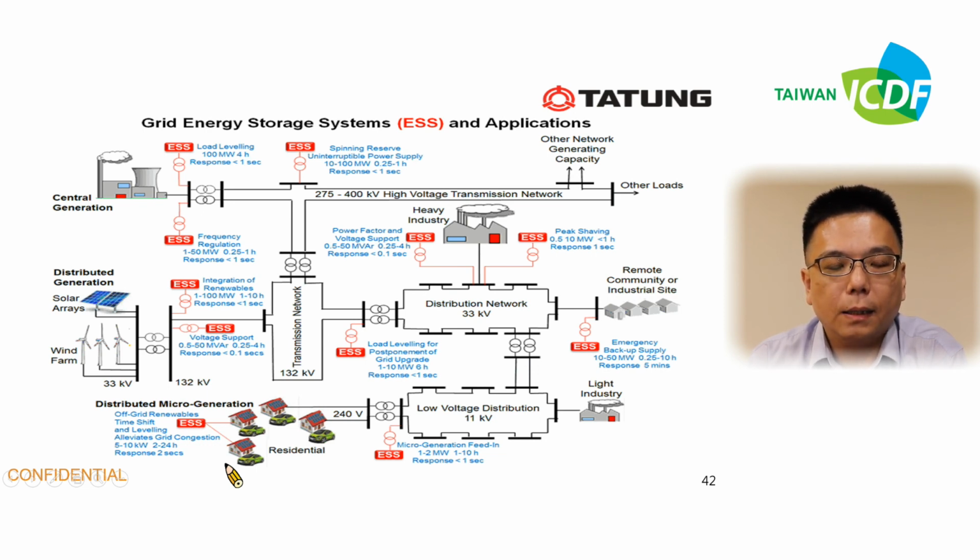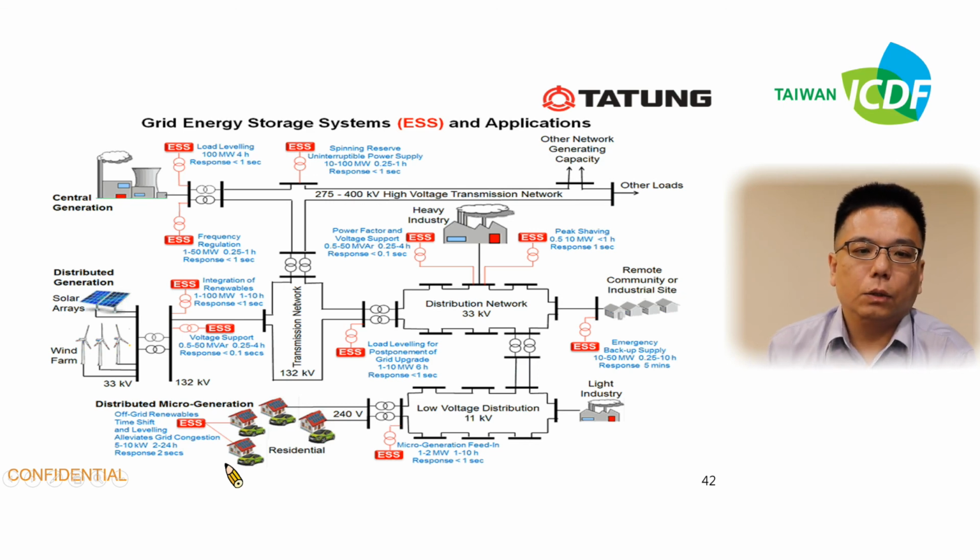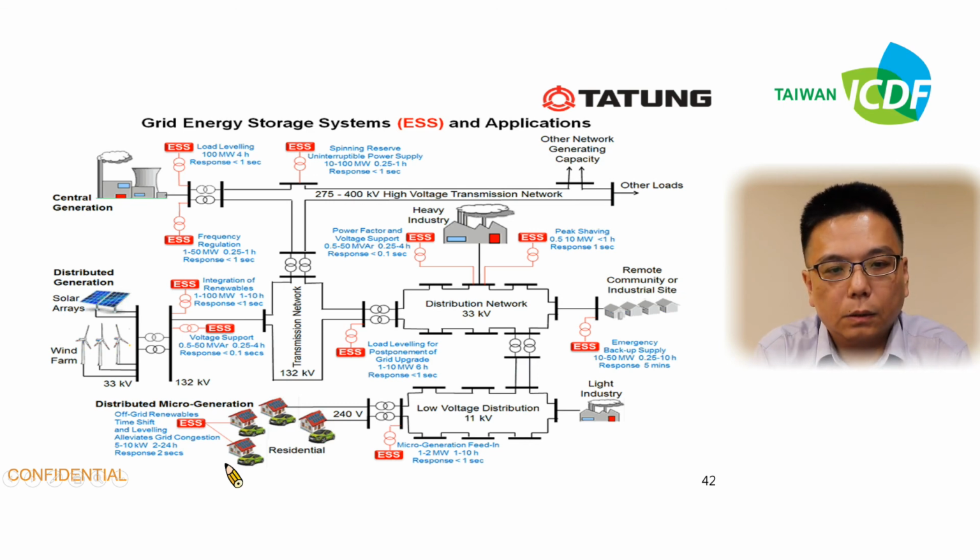But sometimes, in an abnormal status, the power grid crashes, and if you have the battery system, you can continue to use power. That is the advantage of the battery system in distributed microgrid generation.